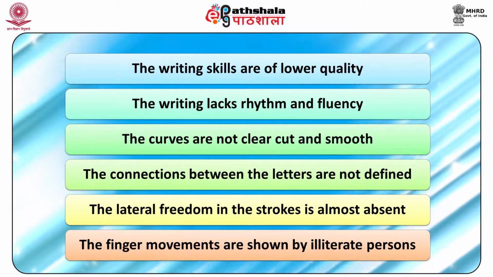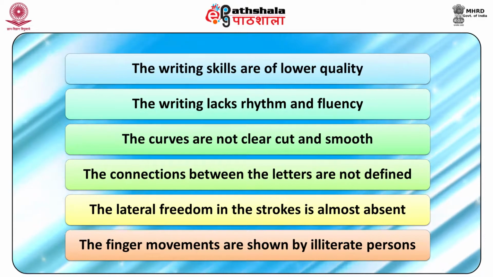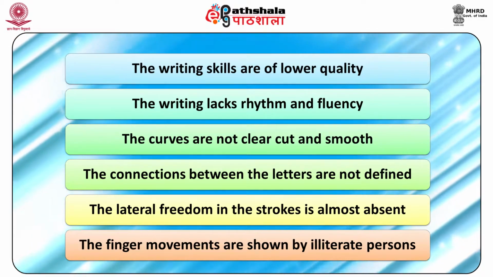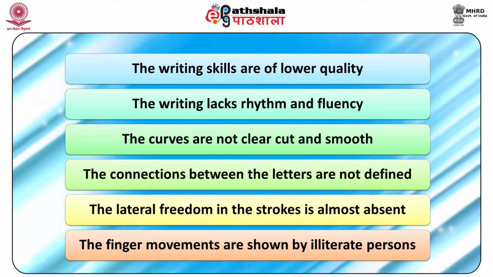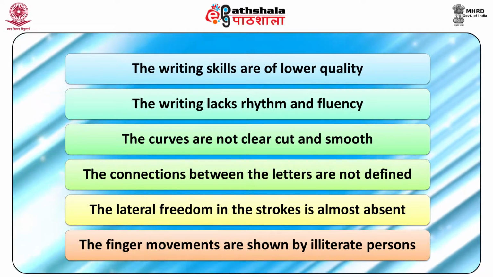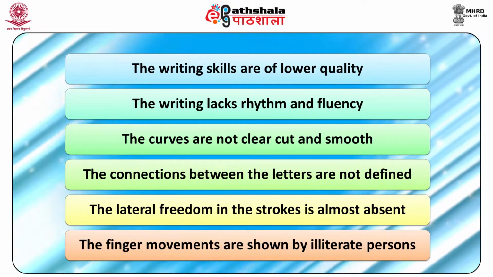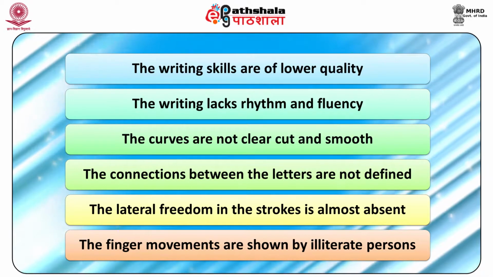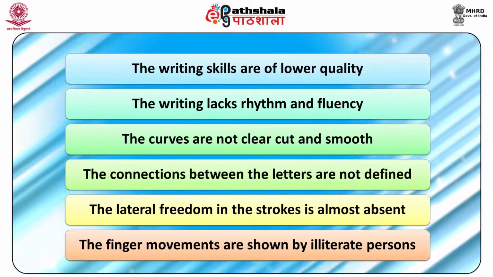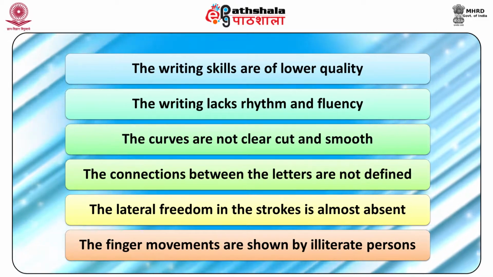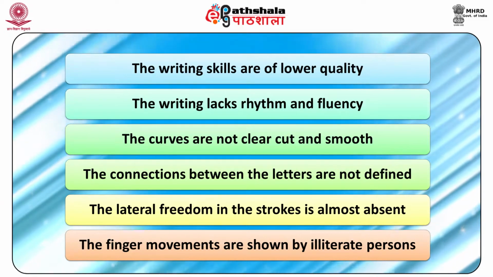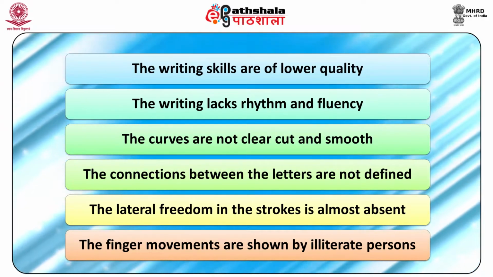The writing lacks rhythm and fluency. The curves are not clear-cut and smooth. The connections between the letters are not well defined. The lateral freedom in the strokes is almost absent. Finger movements are generally shown by a child who has just begun to write or by an illiterate person.